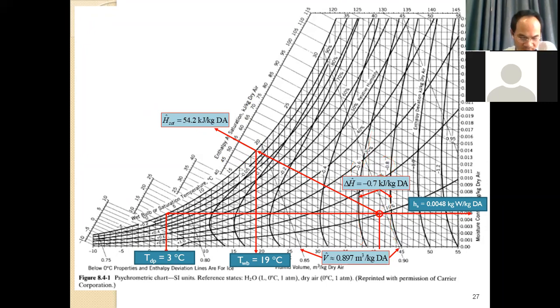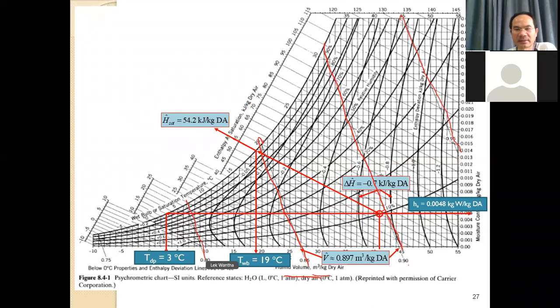Moreover, you can use this point to determine the humid volume. This line is the humid volume. It's 0.85, 0.9. The unit is cubic meter per kilogram dry air. And this line we have 0.95.